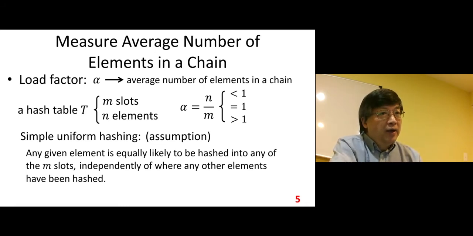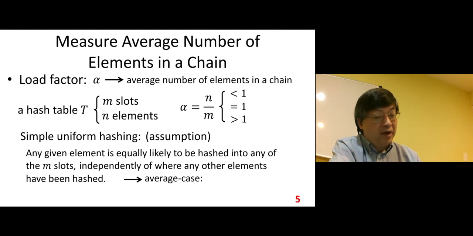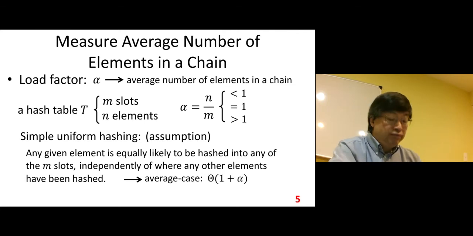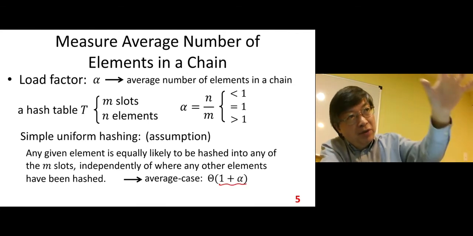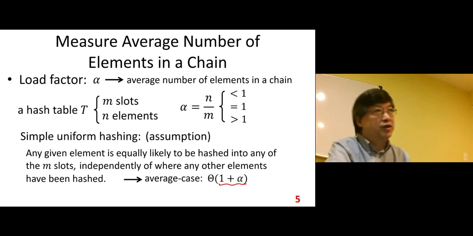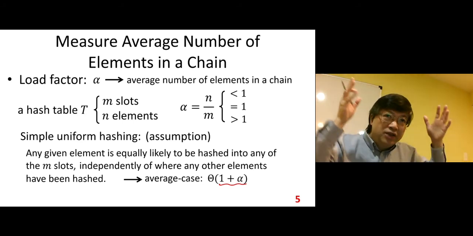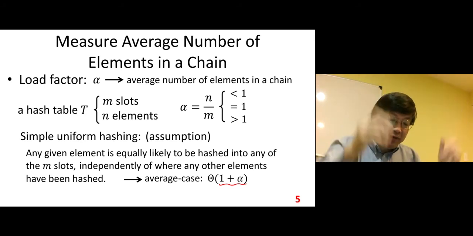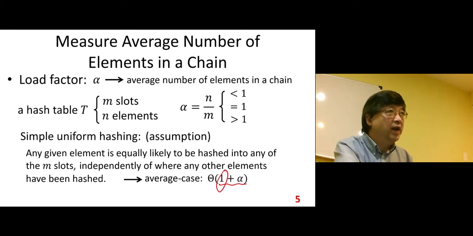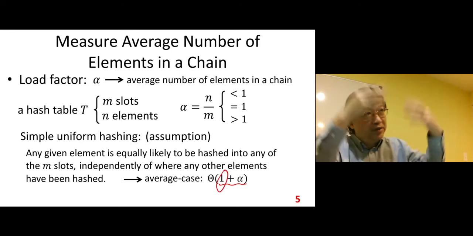For that assumption, the average case efficiency can be given as big theta of 1 plus alpha. So you need to map to the slot, find the slot first. When you go to that slot, the first time you spend this 1 operation, then you need to go to the chain.